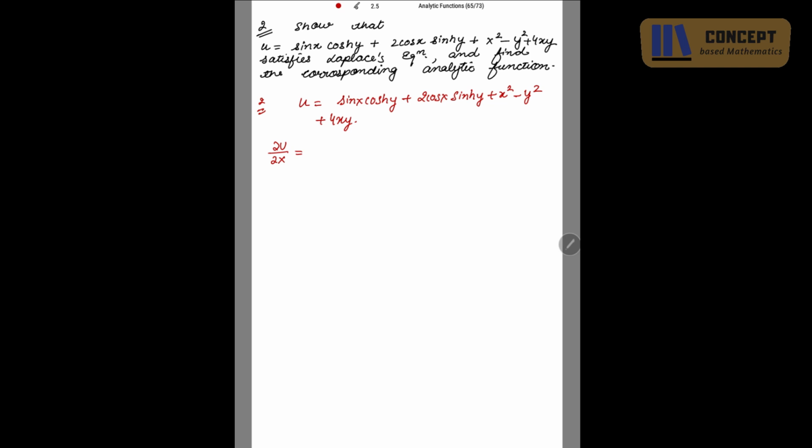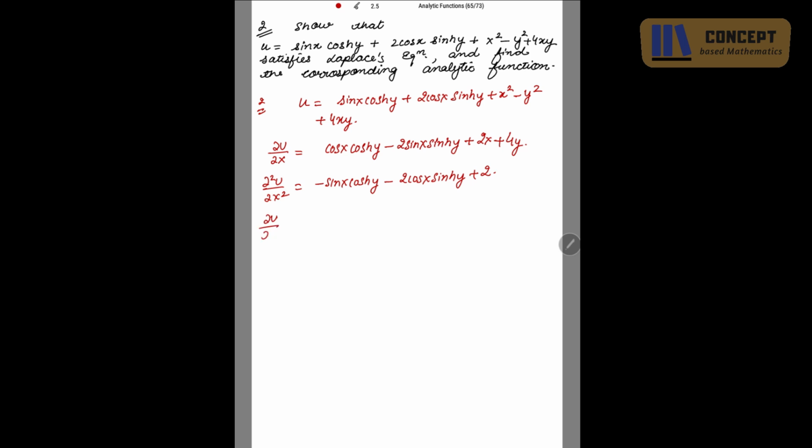Del u over del x. This is cos x cos hyperbolic y minus 2 sine of x sine hyperbolic y plus 2x. This is derivative for y 0, so this is plus 4y. The second derivative is minus sine of x cos hyperbolic y minus 2 cos of x sine hyperbolic y plus 2.